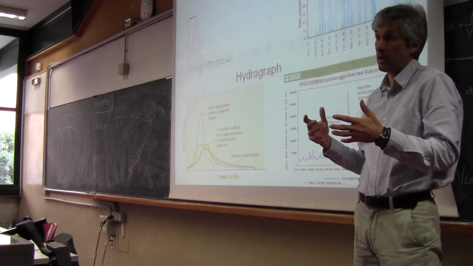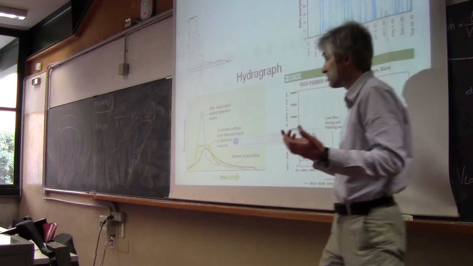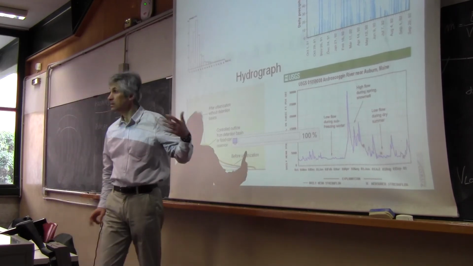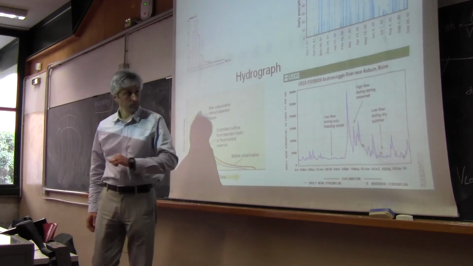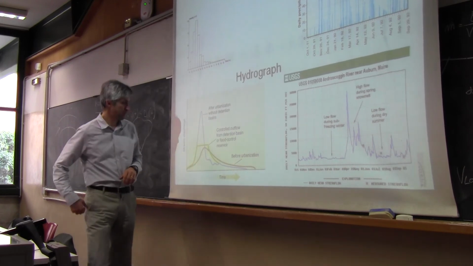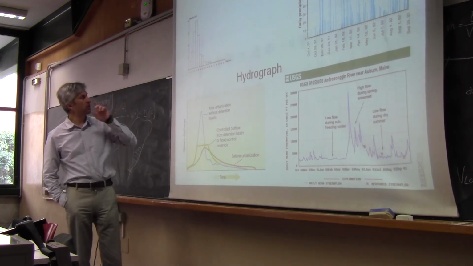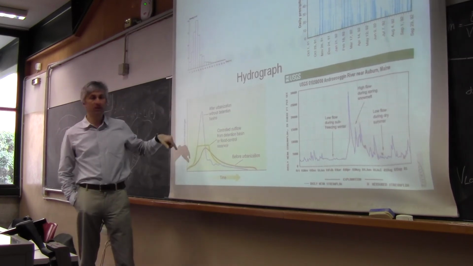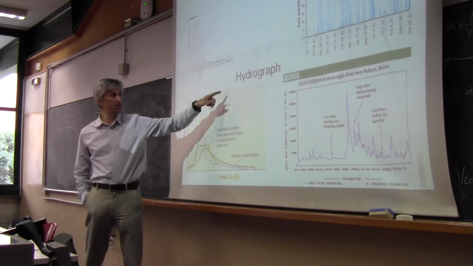So either it's an exceptional year or it's a good location because it means that these people get water every month. The hyetograph. Here you see an example, the hyetograph is the graph of rainfall. The graph of the river flow over time is called the hydrograph.